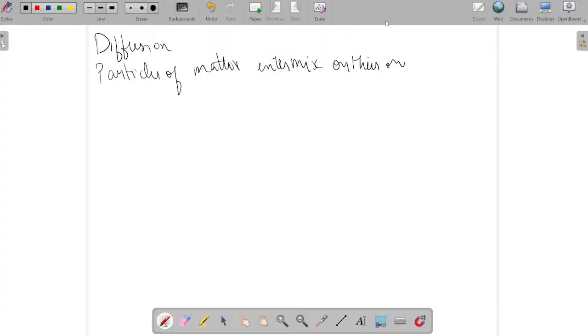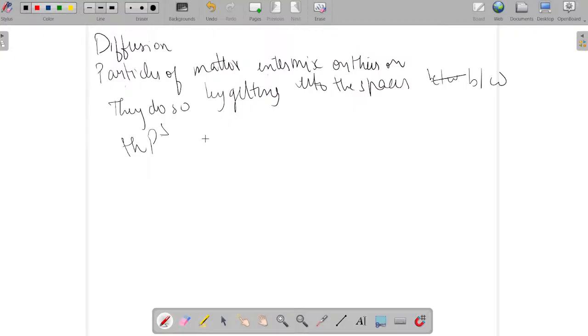This intermixing of particles of two different types of matter is known as diffusion.